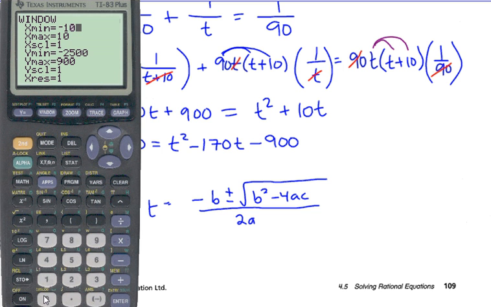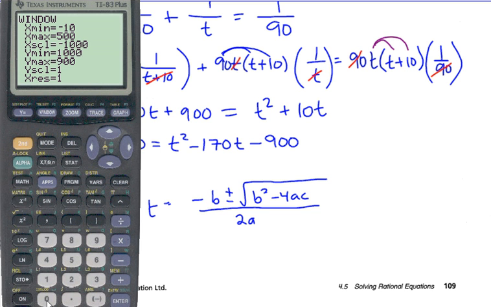So negative 10. This is my y-intercept. Let's try 500, scale of 50. And then for y, we have to go negative. This is our y-intercept, so maybe negative 1,000 to 900.